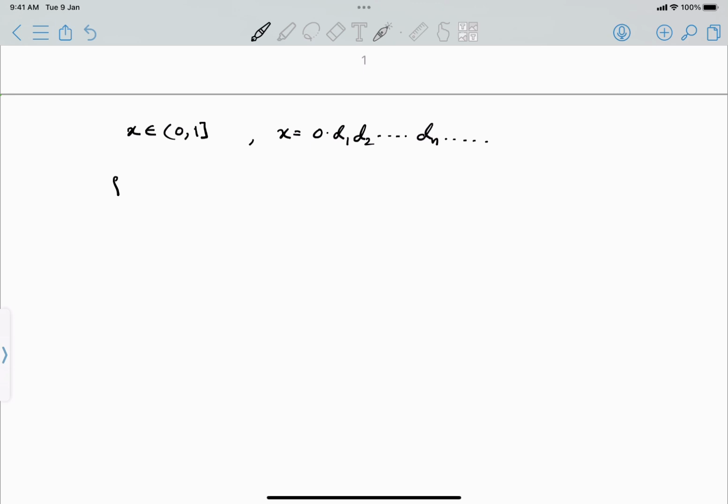How is the function defined? f(x) is 0 if x is rational, and it is 18n if x is irrational.